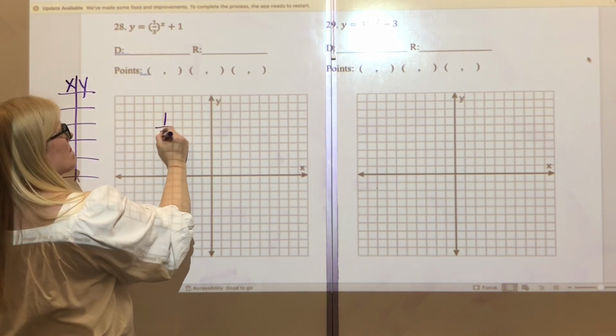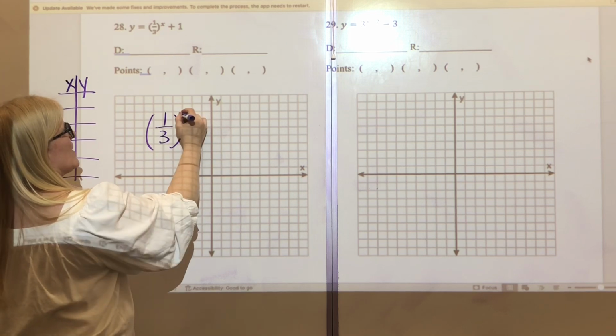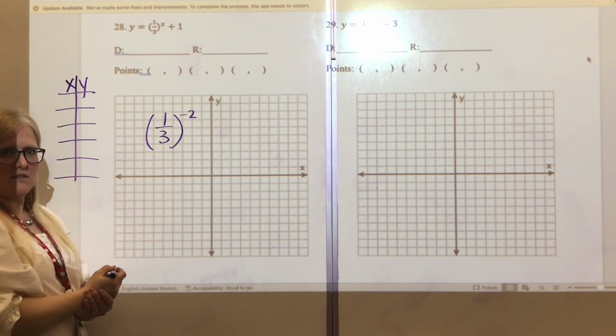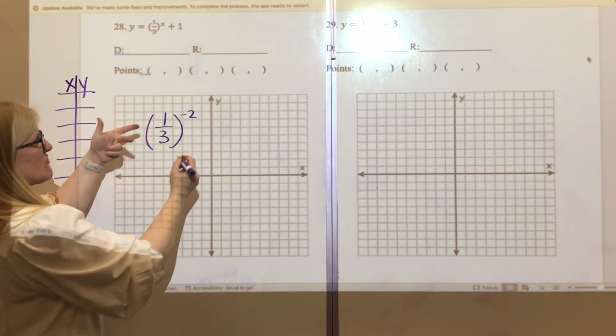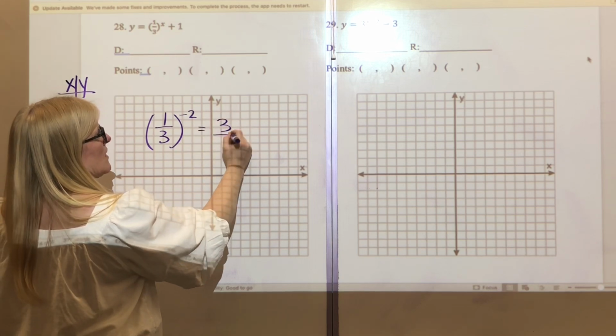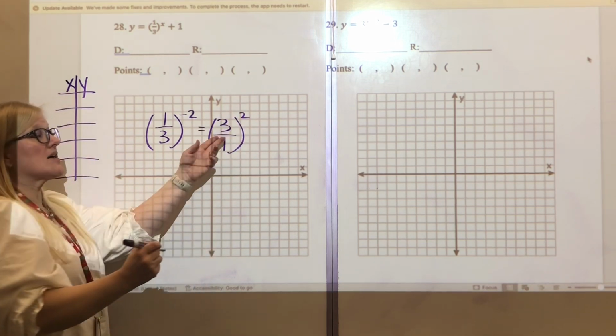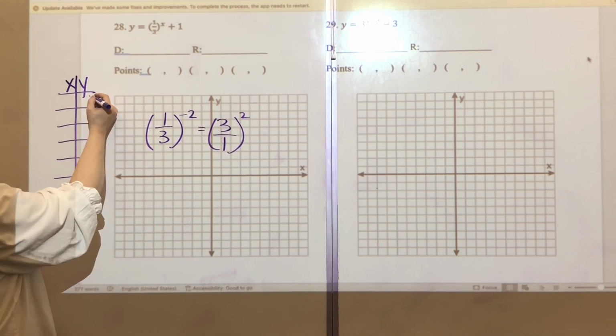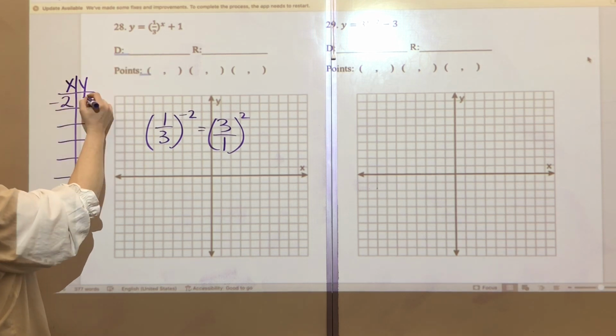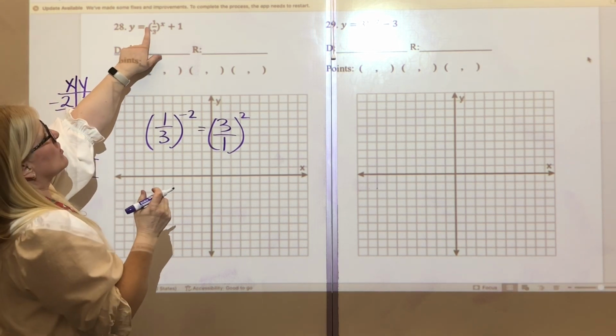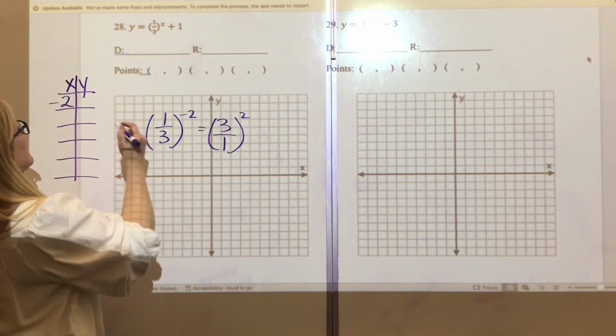1/3 to the negative 2 power. What is that? Well, it gets flipped and my exponent becomes positive, so it's 9. So if x is negative 2, this is 9, plus 1 is 10.